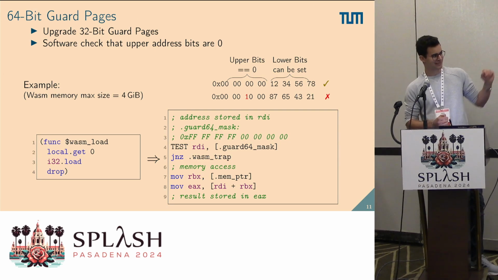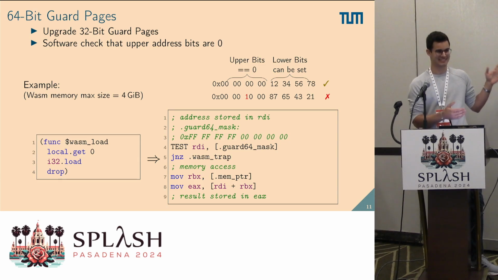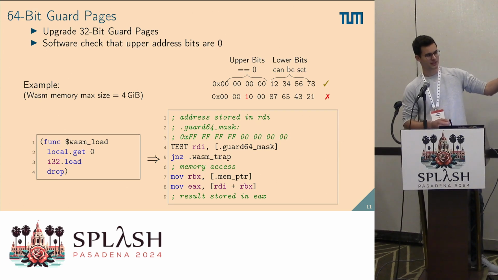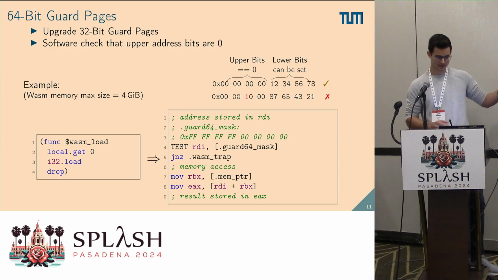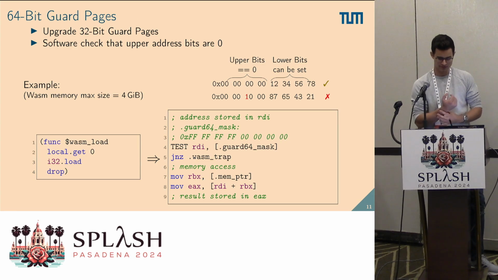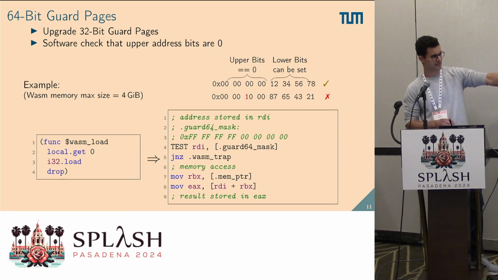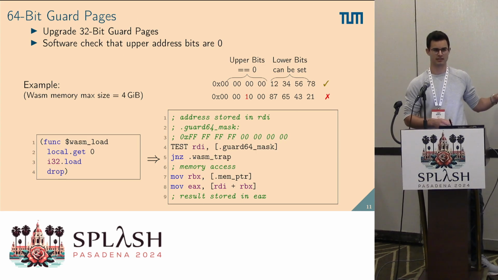Now you might say, well, this looks exactly like the software bounds check I proposed at the beginning. We just don't do a compare, we now do a test with a mask. Well, for this, we don't need the memory size. Oh, sorry, this is one thing I forgot to mention. Of course, the subsequent memory access we can then do with our normal 32-bit guard pages.